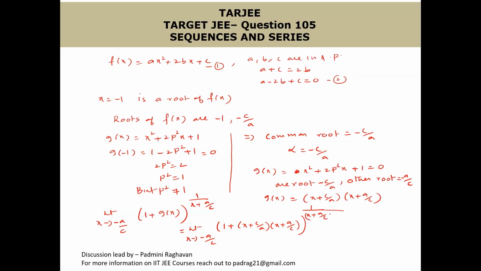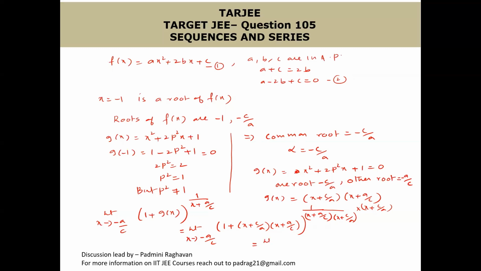Let us do some small adjustments. You should have in the power the reciprocal of this. We already have x + a/c, so let us put x + c/a and multiply with x + c/a. And we know that this whole expression, 1 + (x + c/a)(x + a/c) to the power 1 over this, will tend to e.